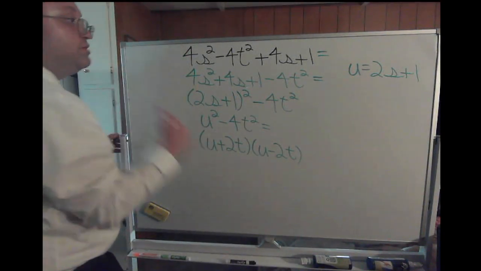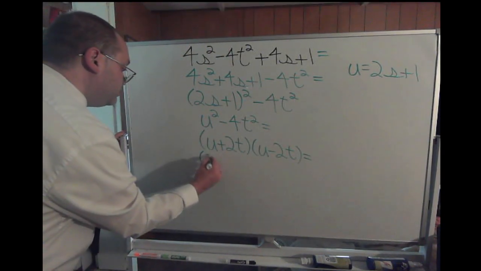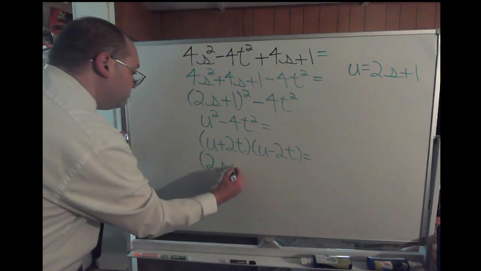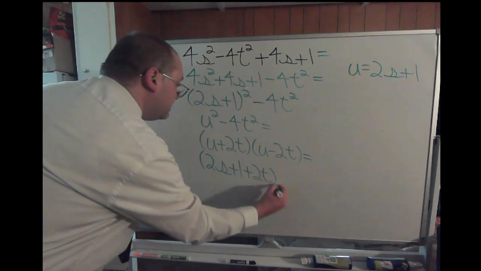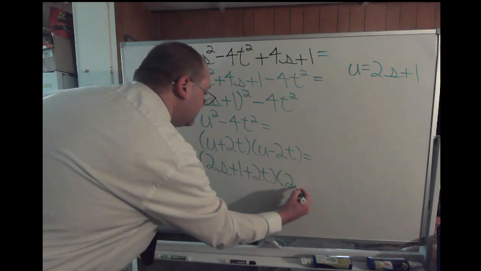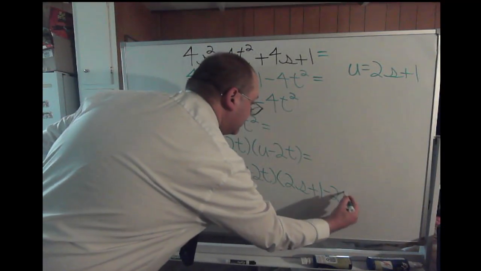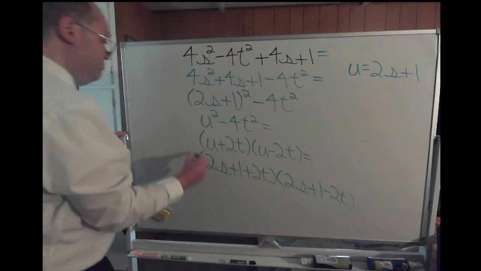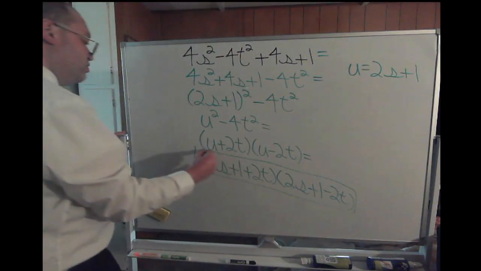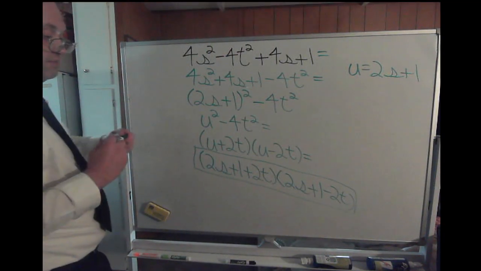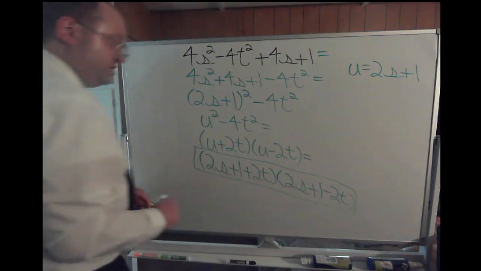Now put the value of u back in, you would get 2s plus 1 plus 2t times the quantity of 2s plus 1 minus 2t. And that would be your factorization of this expression. Would be the quantity of 2s plus 1 plus 2t, that quantity times 2s plus 1 minus 2t.